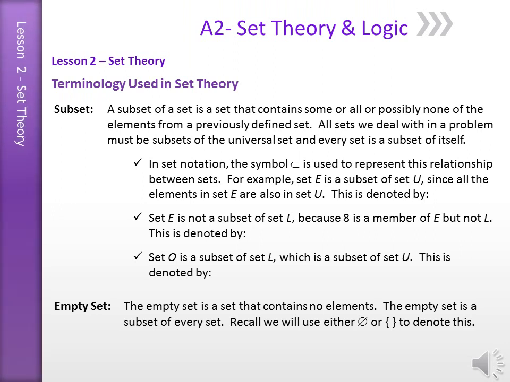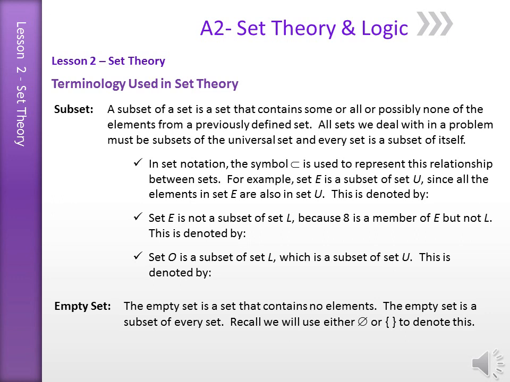Subset. A subset of a set is a set that contains some, or all, or possibly none of the elements from a previously defined set. All sets we deal with in a problem must be subsets of the universal set, and every set is a subset of itself.